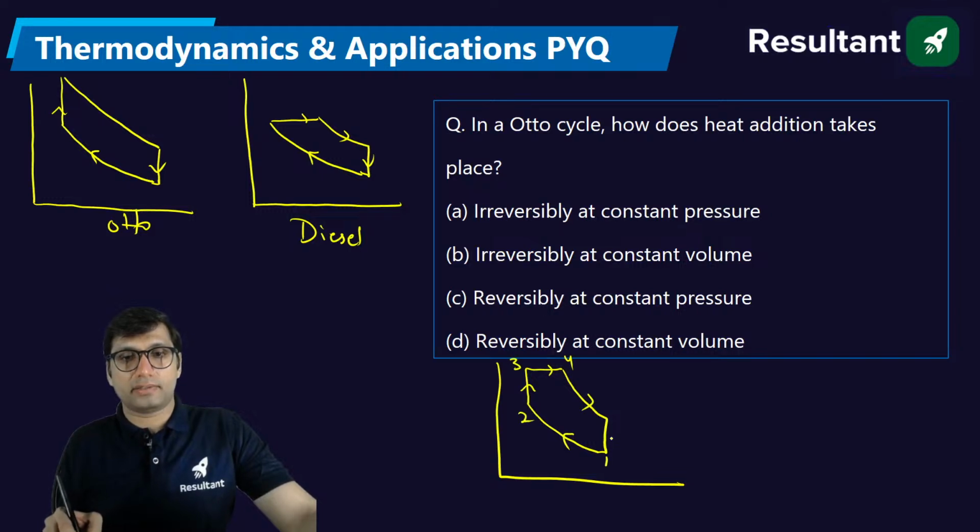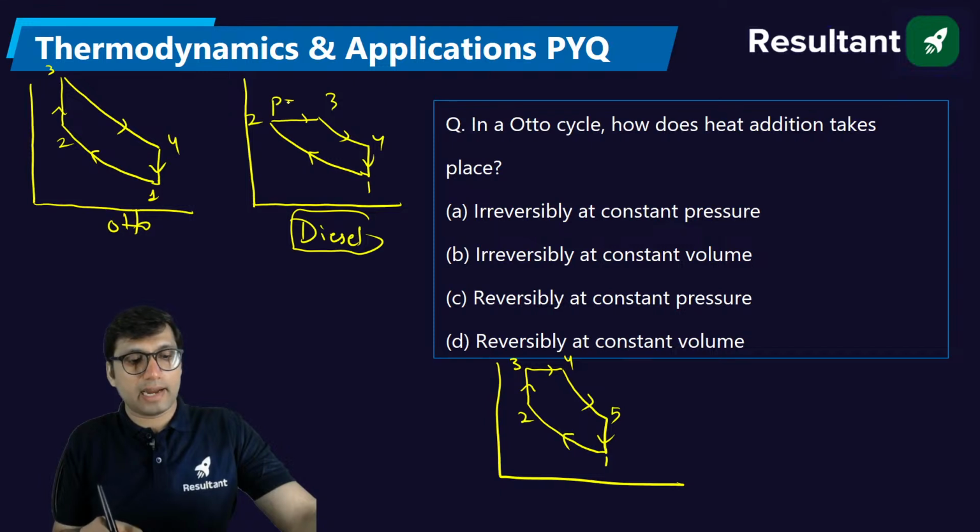So my friends, in the diesel cycle, the heat addition takes place at constant pressure. In the Otto cycle, the heat is supplied at constant volume.